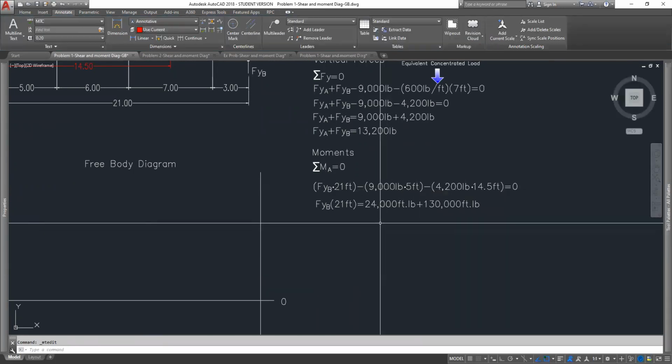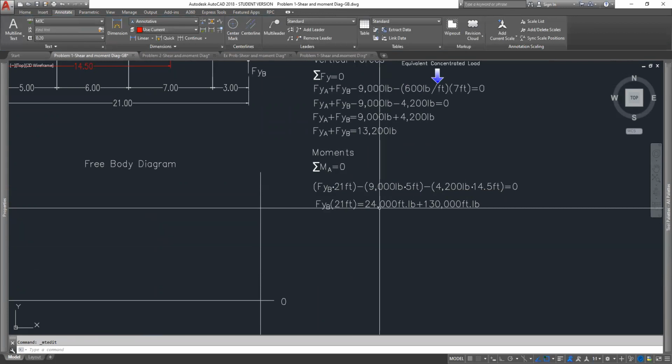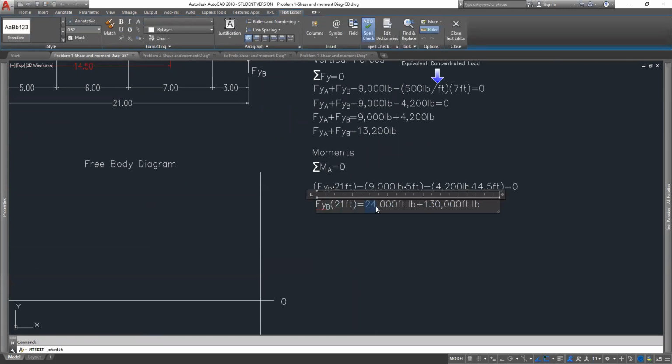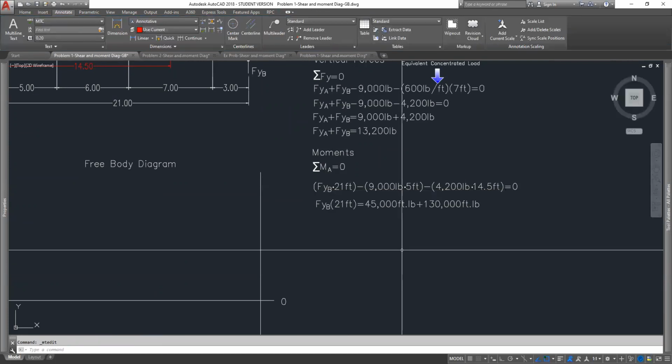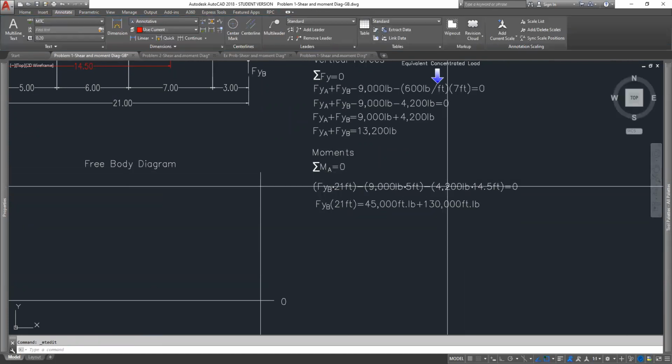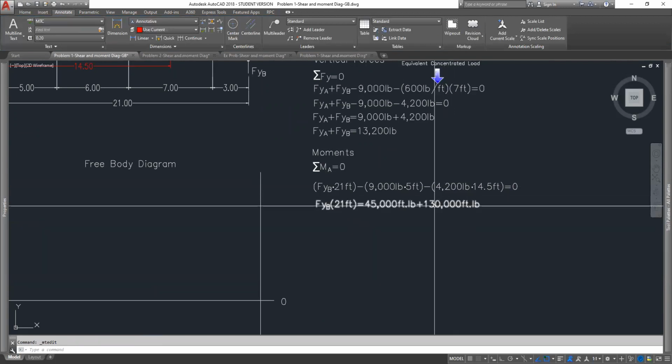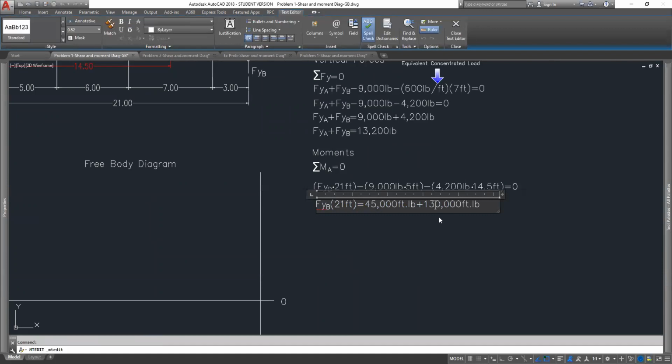And the values here is, what is this value here? 45,000. Yes. Foot-pounds? And can someone do the math for me on that one? 45,000 plus 130,000? 60,900. 60,000, 900. 900 even?